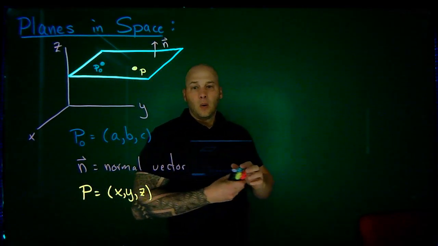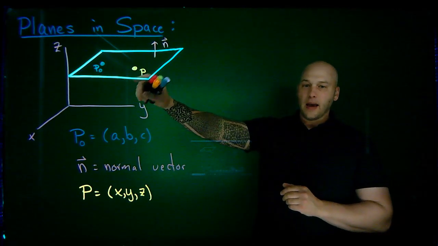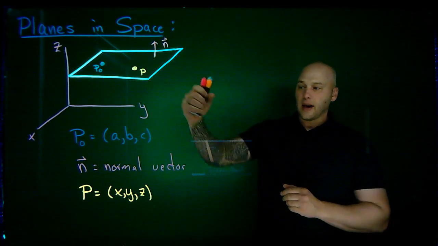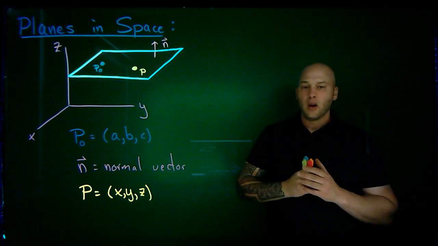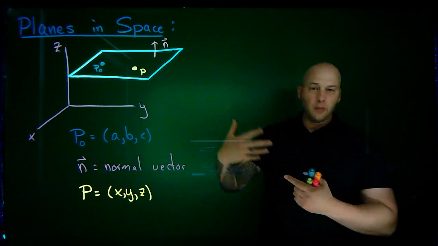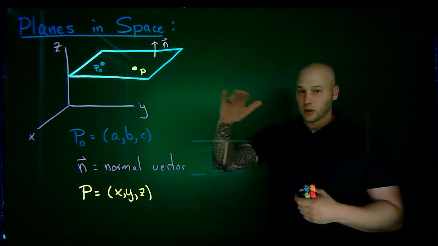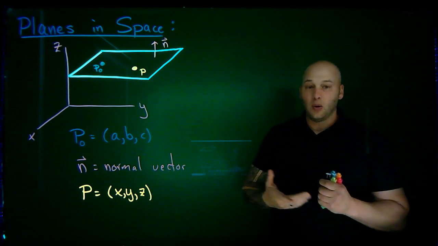Well, how can I determine this? So again, here's what I know. I know the point P naught, I have its coordinates. I know the vector n, I have its components. I have those two pieces of information. From that, I want to determine if this arbitrary point P, or a point that I can test, so I can pick a specific point or use an arbitrary point, is in the plane or not.